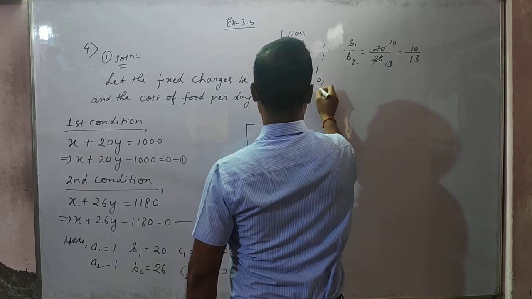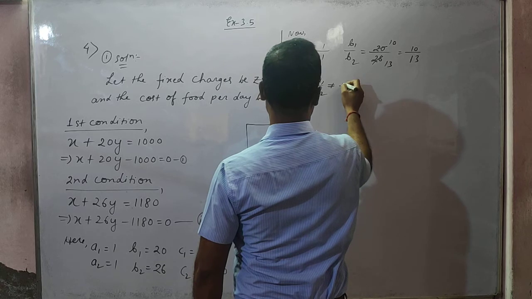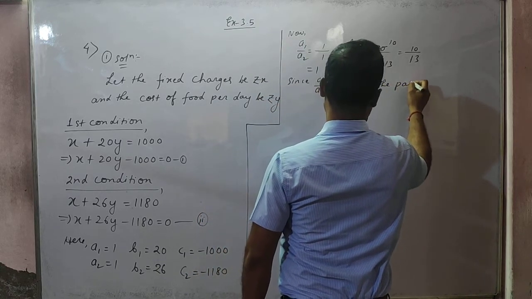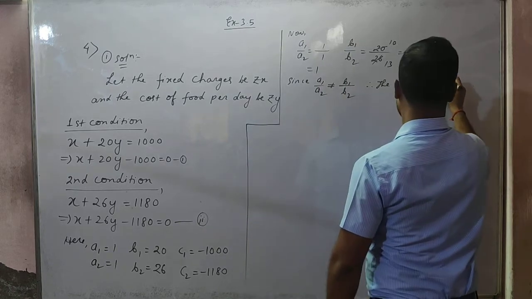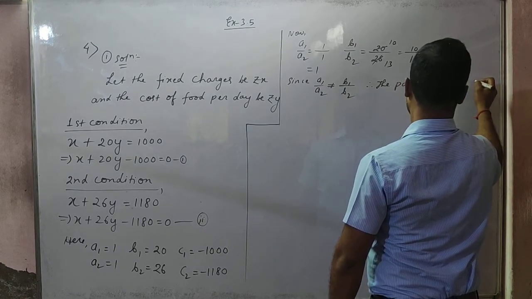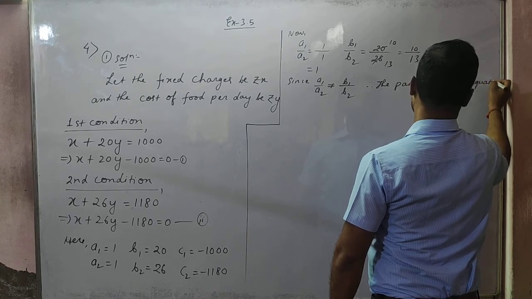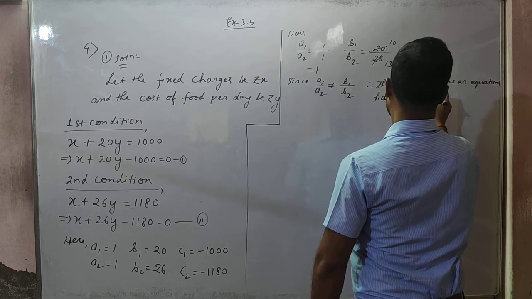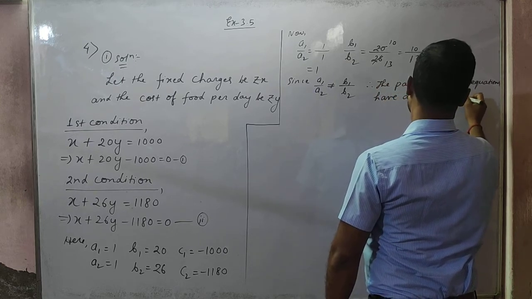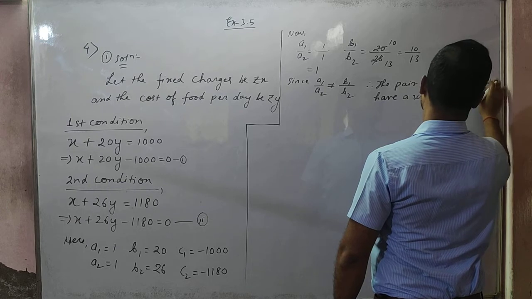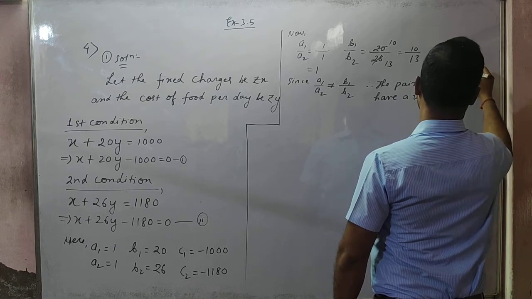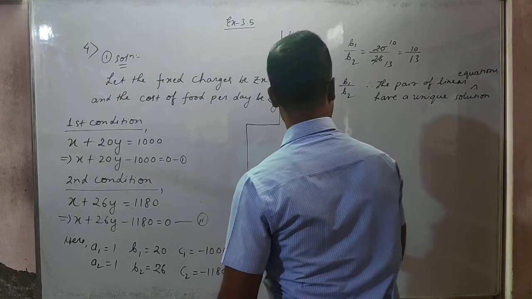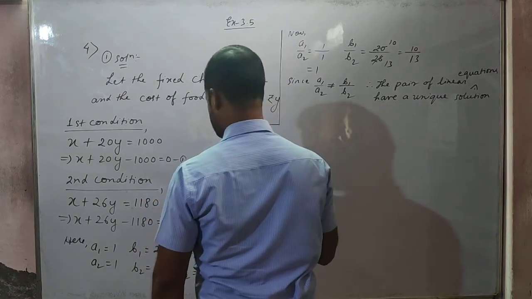Since A1 by A2 is not equal to B1 by B2, therefore the pair of linear equations have a unique solution.